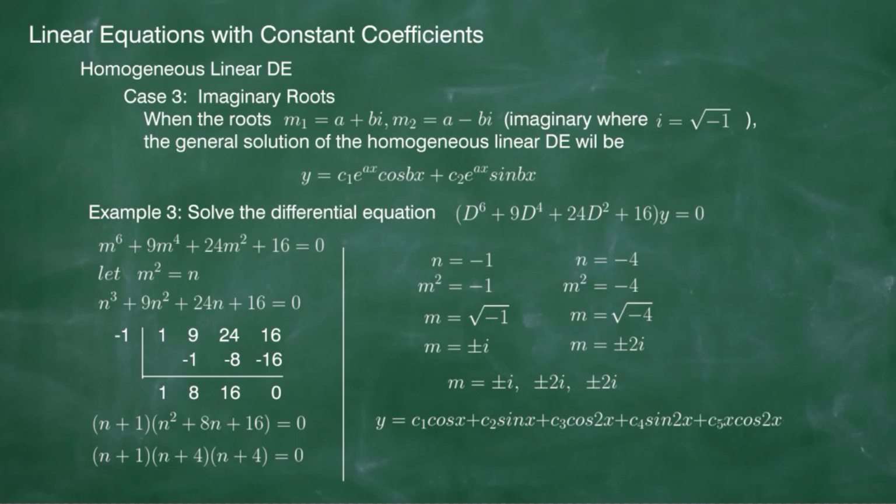So we have c sub 5 times x times cosine of 2x plus c sub 6 times x times sine of 2x. We can also combine all the cosine and all the sine terms, and we have the quantity c3 plus c5 x times cosine 2x plus the quantity c sub 4 plus c sub 6 x times sine of 2x.